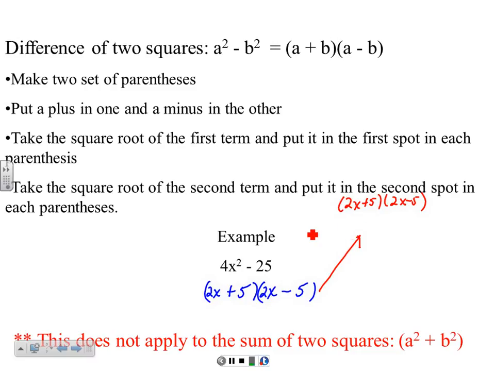If we fold this out, we're going to have 4x squared minus 10x plus 10x minus 25. And those middle two terms cancel each other out because they're opposites, which goes to 0, and you get that difference of two squares.